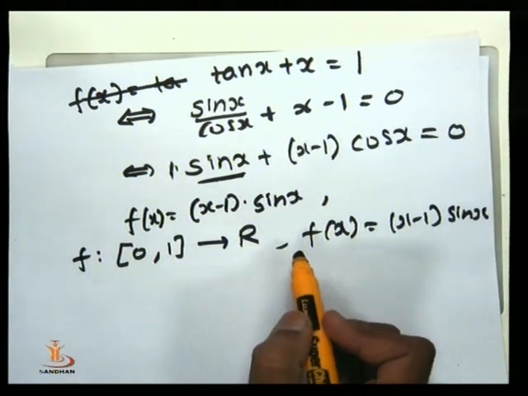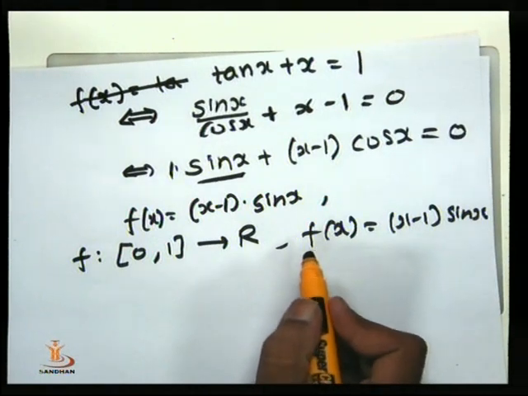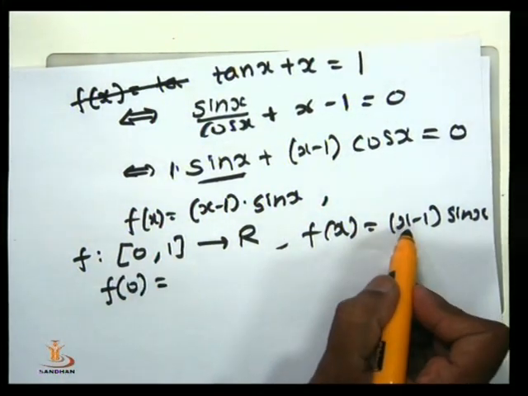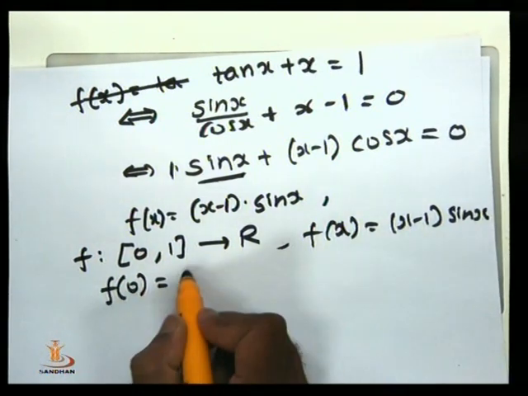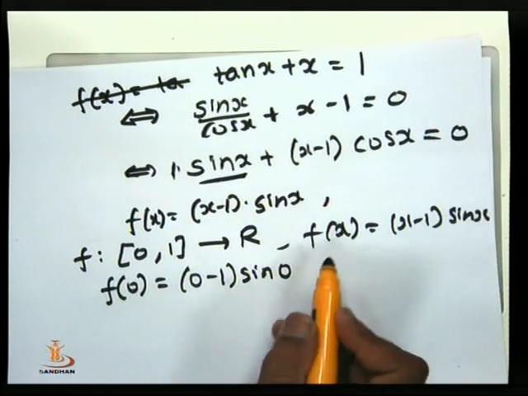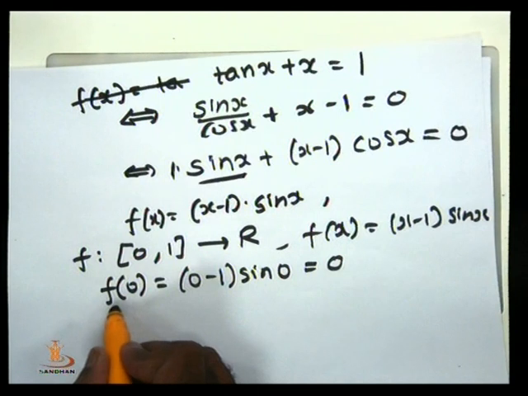So, this function f(x) satisfies the first two conditions of Rolle's theorem. Moreover, if I find f of 0 by putting x equal to 0, (0 minus 1) into sin 0, which is equal to 0, because sin 0 is 0.